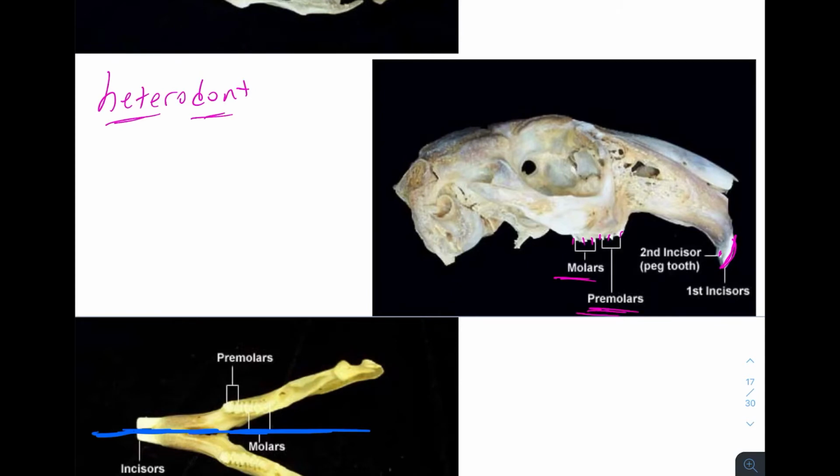So the way that we differentiate between premolars and molars is that with mammals, we do have a set of milk teeth during our early years when we're breastfeeding. And then these teeth fall out and are replaced by adult teeth.